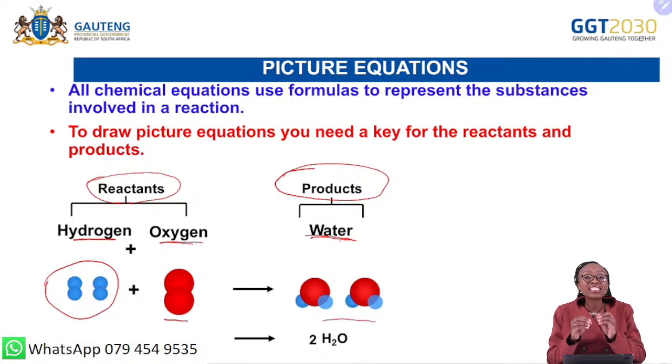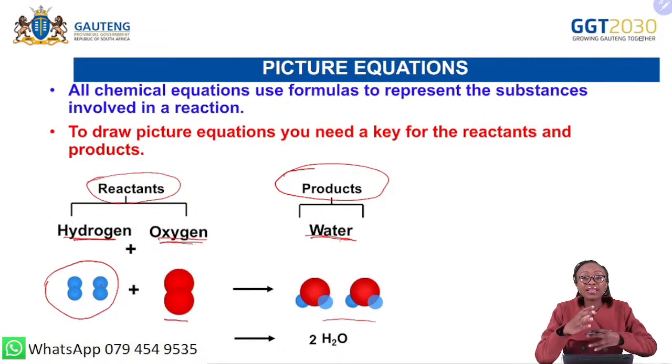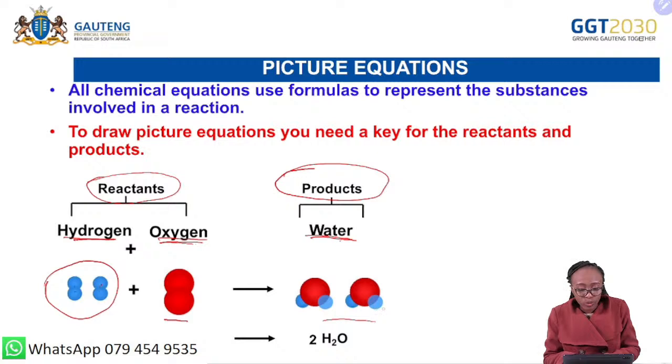Remember, the water is a new substance that we are forming from hydrogen and oxygen. So now, hydrogen and oxygen react to produce water. We've got our blue circles there, bonds between the blue circles and bonds between the red circles being broken, and then a rearrangement happens, and then we end up with new bonds forming.